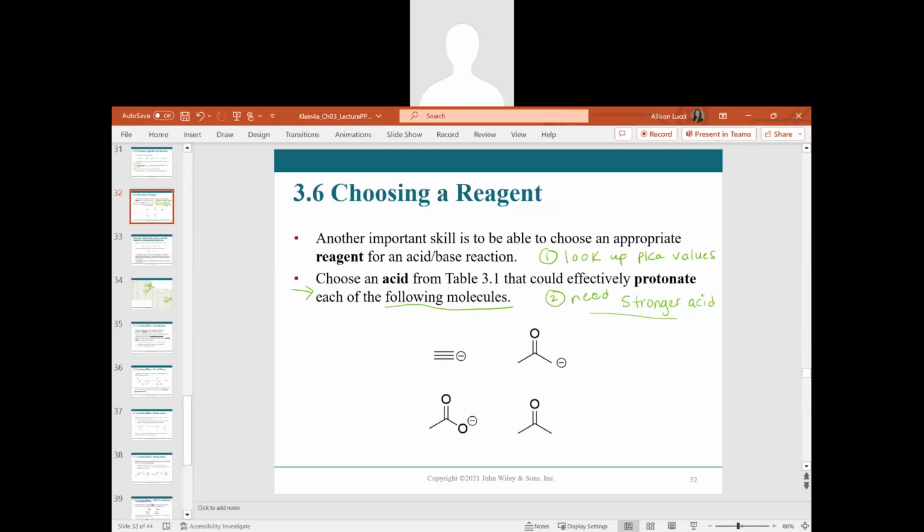So we have four conjugate bases shown, or four deprotonated acids is another way of looking at that. Let's take a look specifically at this species here, this acetate ion.